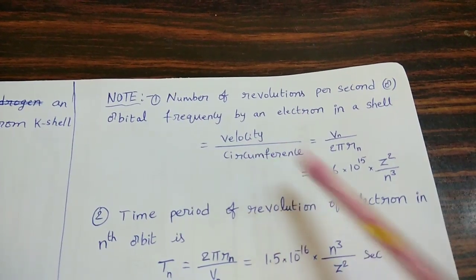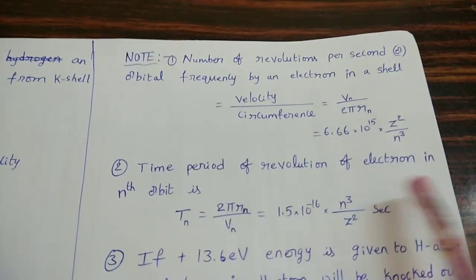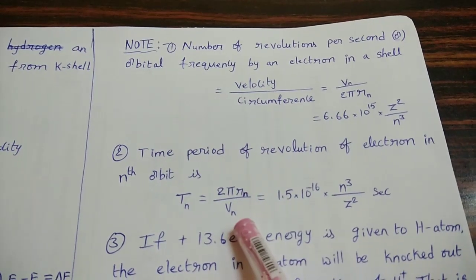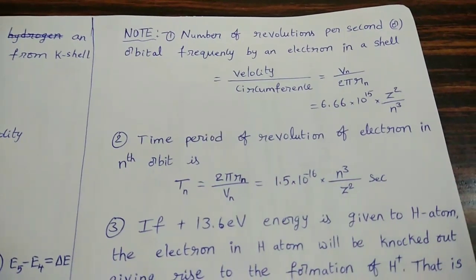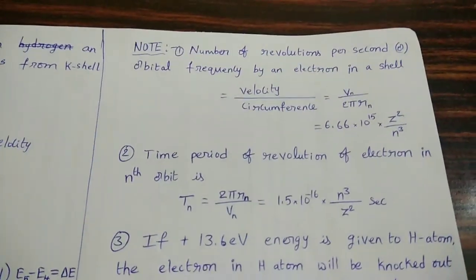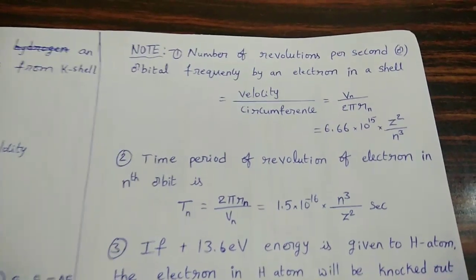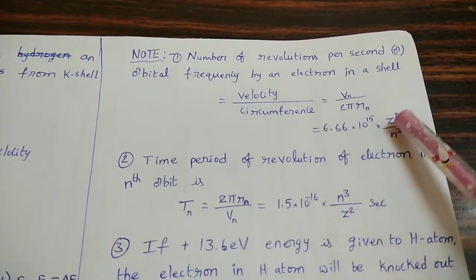This is number of revolutions formula. Next, time period of revolution of electron in nth orbit. Tn equal to 2 pi Rn divided by Vn, that equals 1.5 into 10 power minus 16 into n cube by Z square second. Okay, so this is time period formula. This is number of revolutions formula.